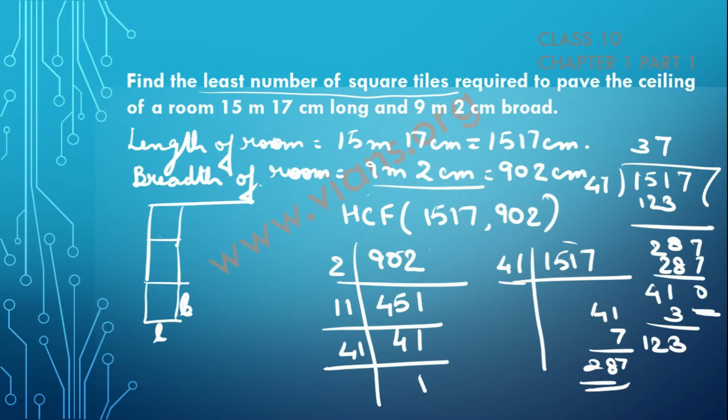So it's divisible, and the prime factors of 1517 are going to be 41 and 37. Both of them are not further divisible by anything.